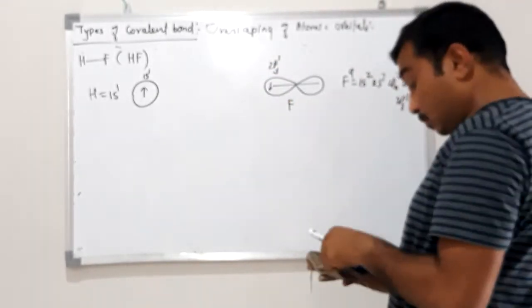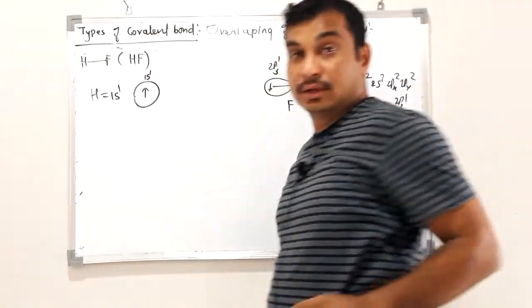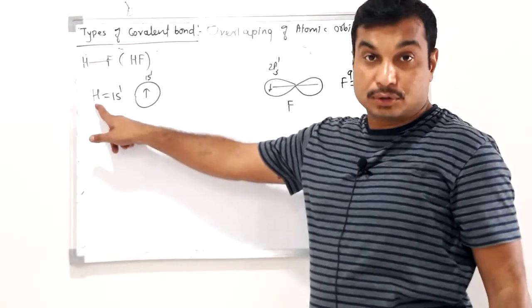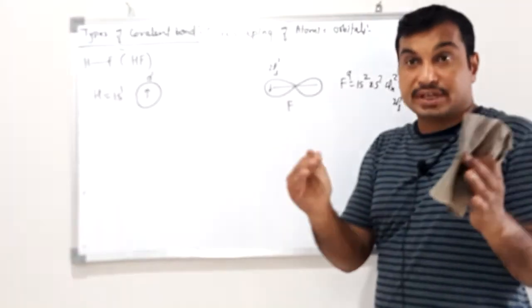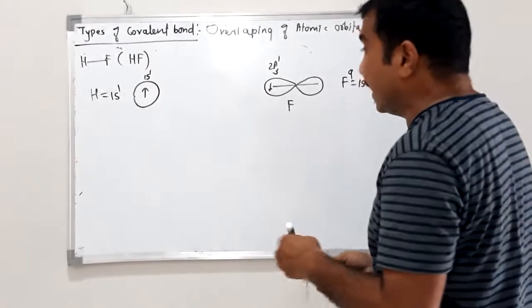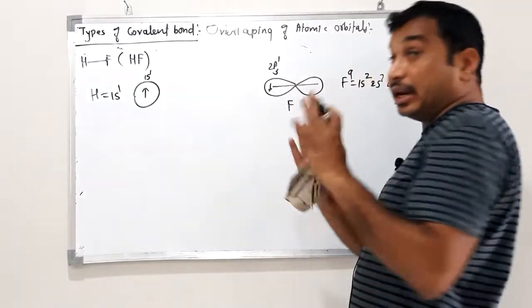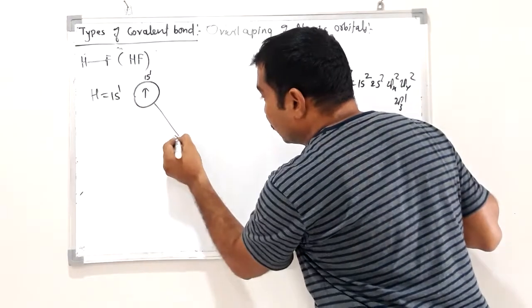To form a bond between hydrogen and fluorine, the atomic orbital of hydrogen and the atomic orbital of fluorine must approach each other and overlap so that a bond will form. Without overlapping, a bond will not form. Remember.